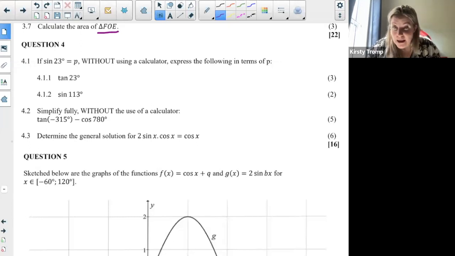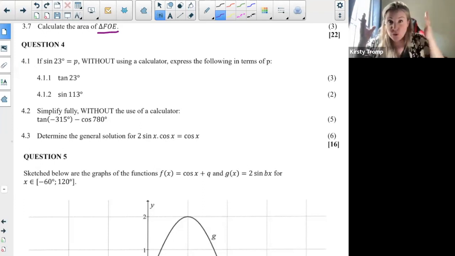Cassandra's asking, when we start the exam, should we start with the more difficult sections or the easier sections? Cassandra, I would suggest start at question 1, especially for paper 2, because you get given an answer booklet. So if it says 1 mark, you spend 1 minute. If it says 5 marks, you spend 5 minutes. If you're taking longer than you think you should, you move on.